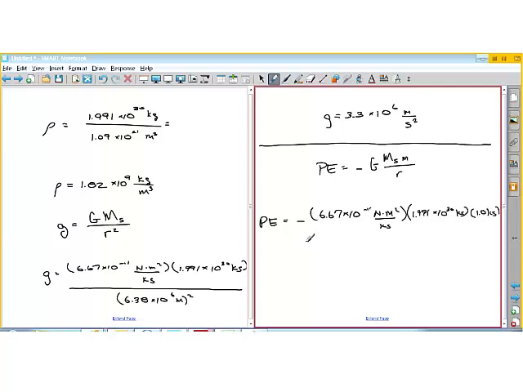1 kilogram, all divided by the radius. And the radius is the radius of the Earth, since we've collapsed, 6.38 e to the 6th meters. Okay.